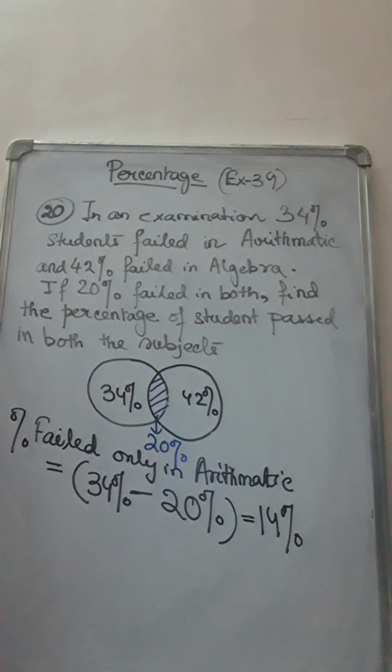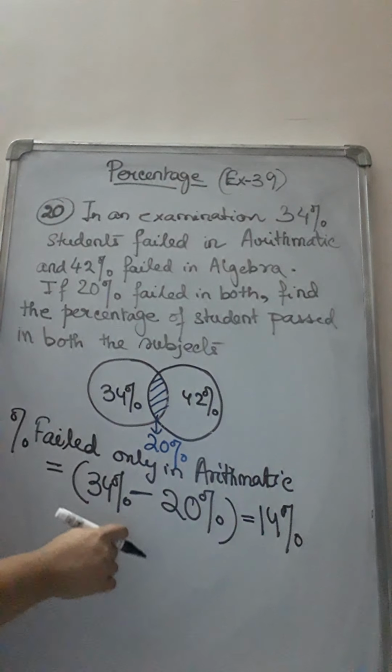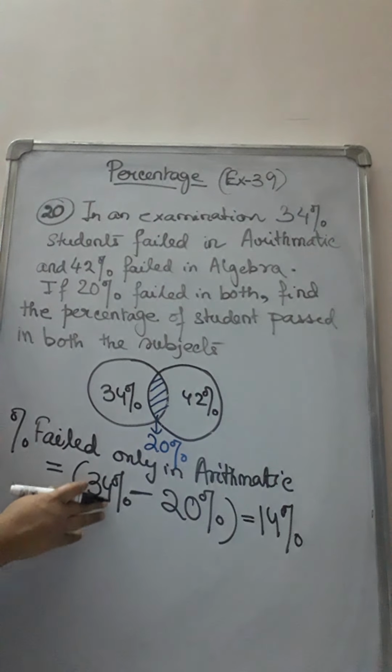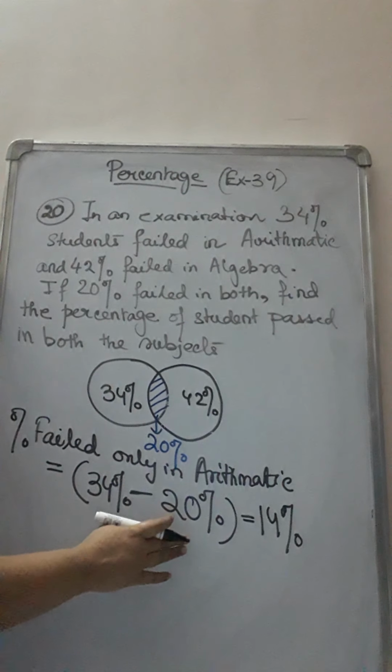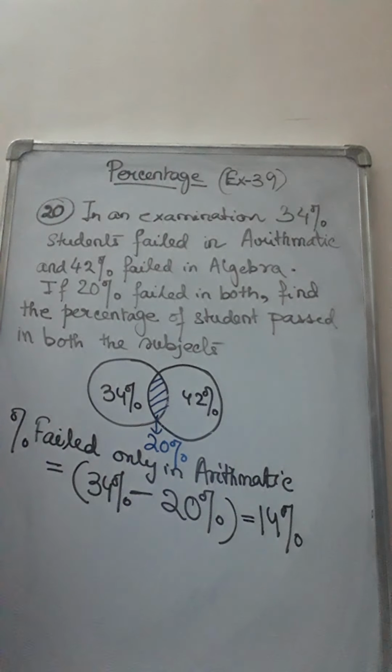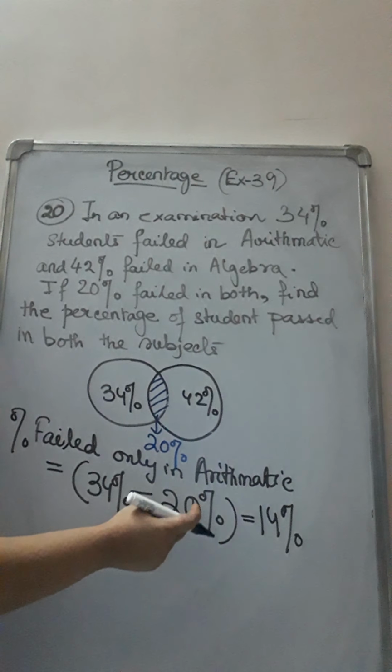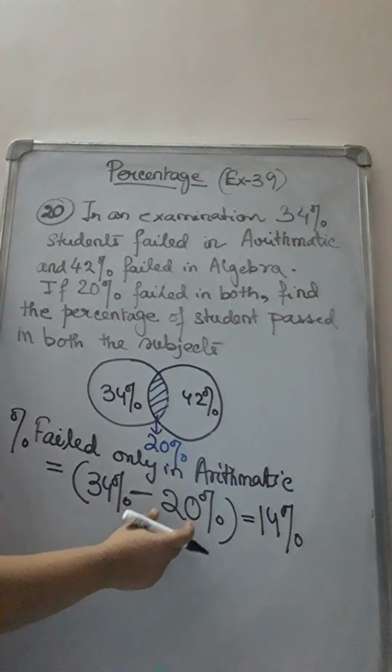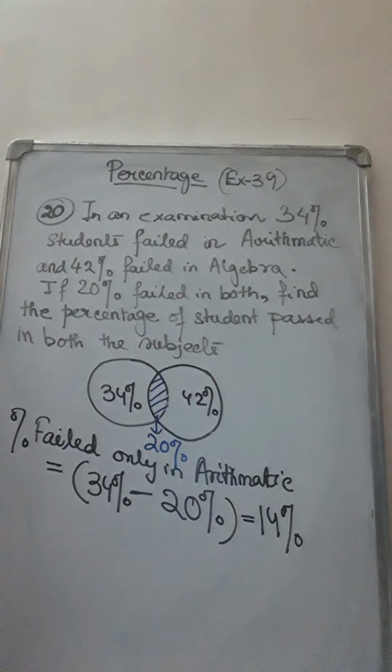So 14% of the class exclusively failed only in arithmetic part, and 34% means totally how many have failed in arith, whether only arith or whether in both arith and algebra, it includes everything. That is why we are subtracting 20%, because we are subtracting those students who have failed in both the subject. Then only we can get what is the percentage failed only in arith.